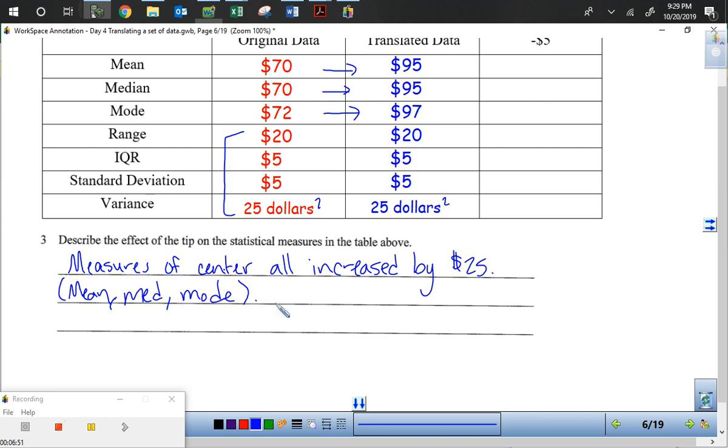Then our measures of spread all stayed the same. And the book likes to use the word invariant here.